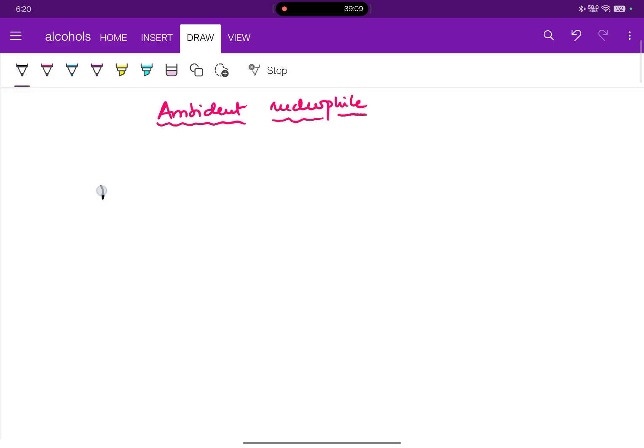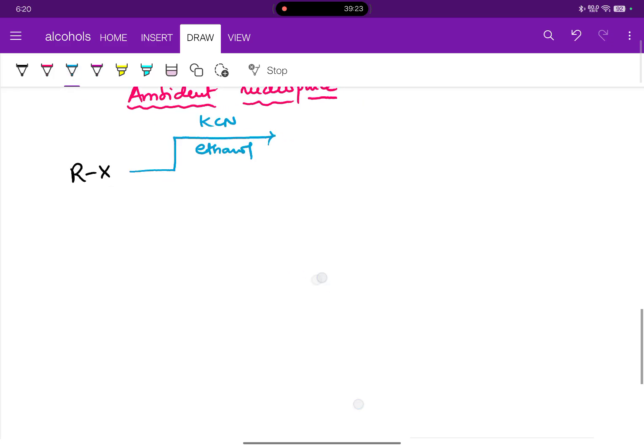For example, you take RX and you treat it with potassium cyanide in presence of ethanol. Compared to potassium cyanide, we are also going to treat it with another cyanide called silver cyanide in presence of ethanol.